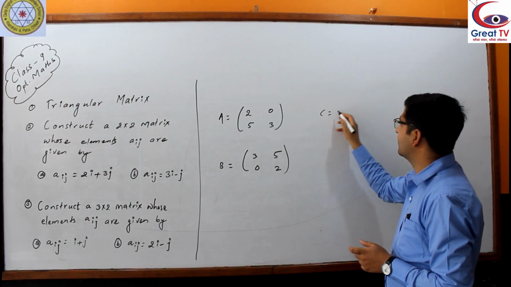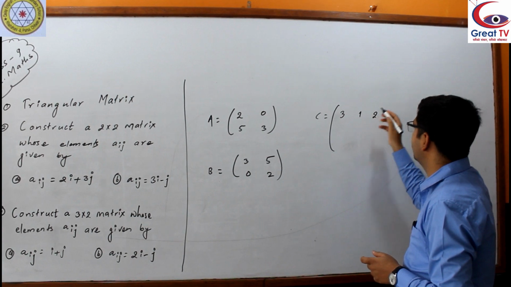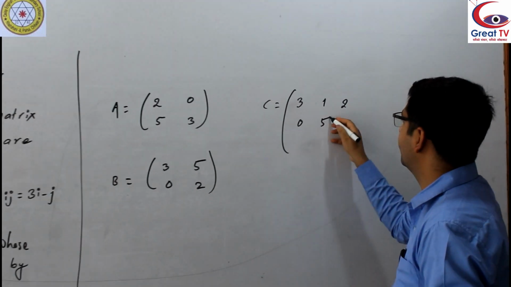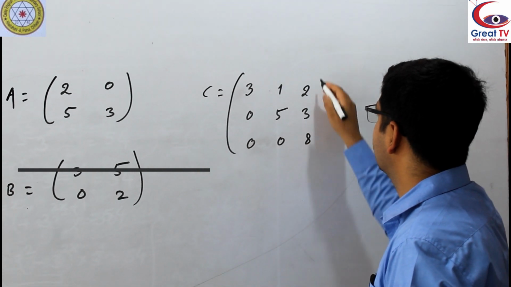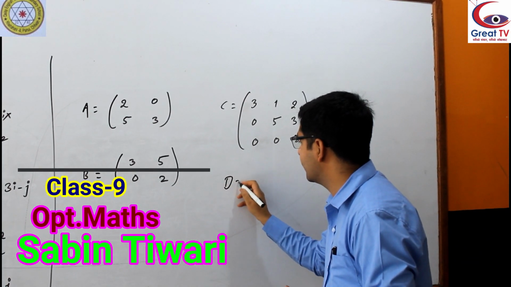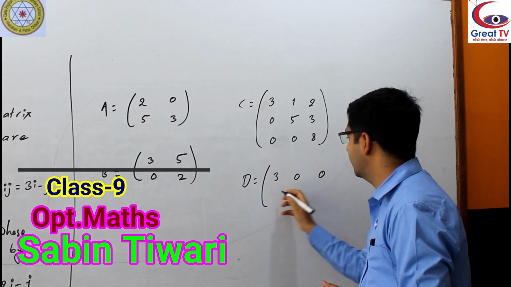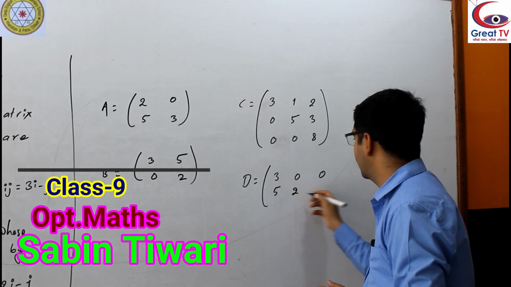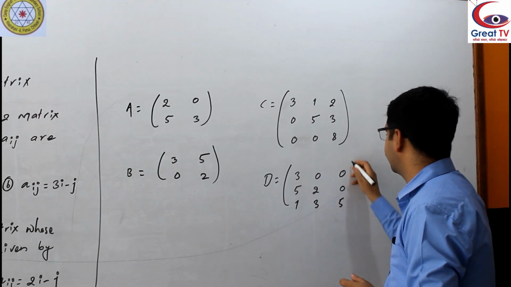Matrix C is equals to 3, 1, 2, 0, 5, 3, 0, 0, 8. Then the next matrix D is equals to 3, 0, 0, 5, 2, 0, 1, 3, 5.